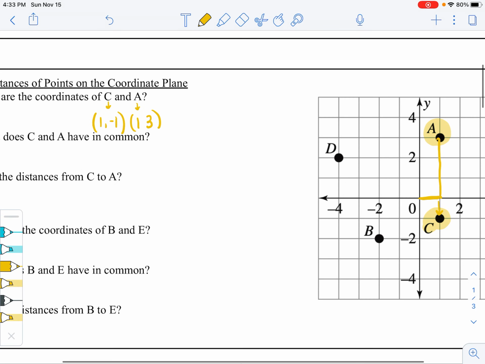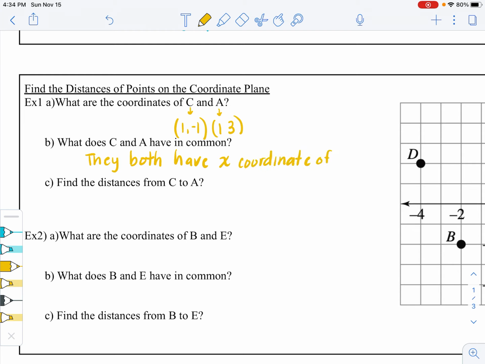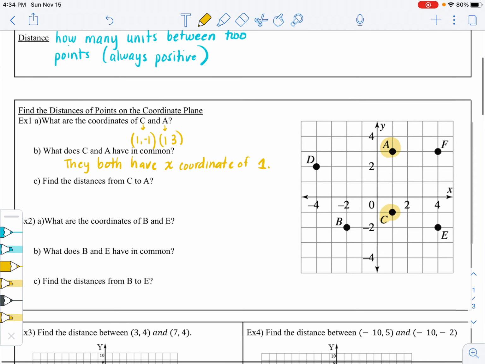In order for them to line up, they must have something in common. So in this case, what do C and A have in common? They both have an x coordinate of 1. Okay?